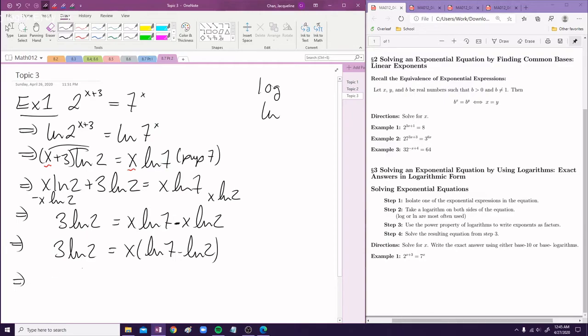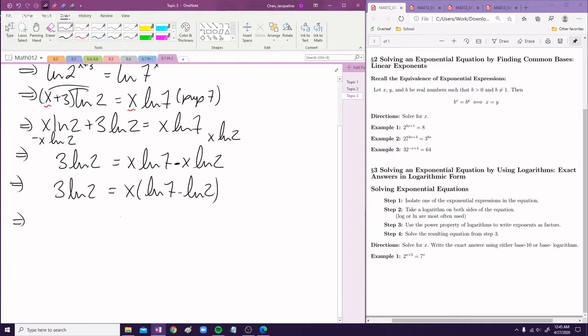So last step, we're very, very close. Remember we want to get x by itself. So I'm going to divide this to both sides. What do I get? I get 3 natural log of 2 over natural log of 7 minus natural log of 2, and that is equal to x. It says write the exact answer using base 10 or base e logarithm.